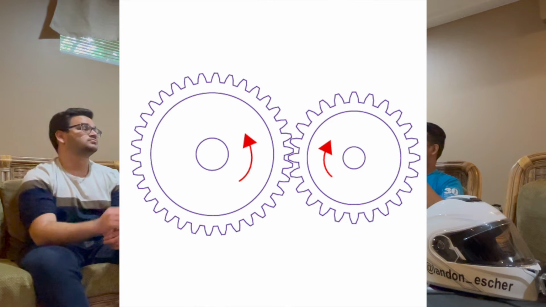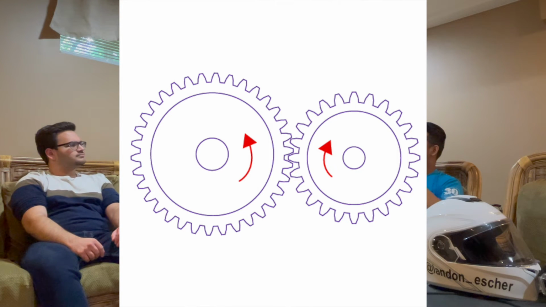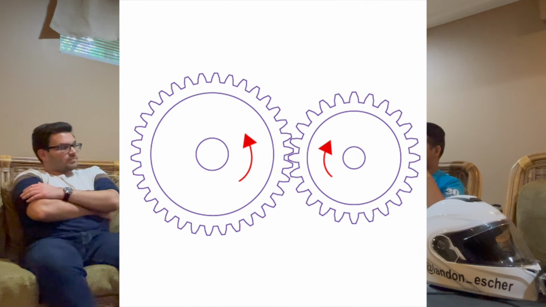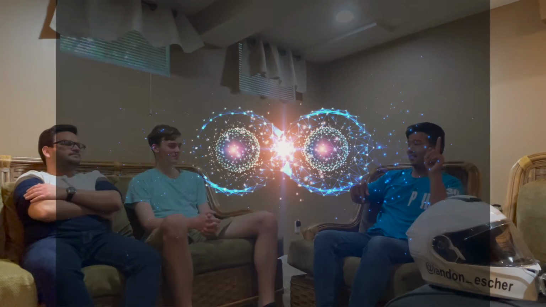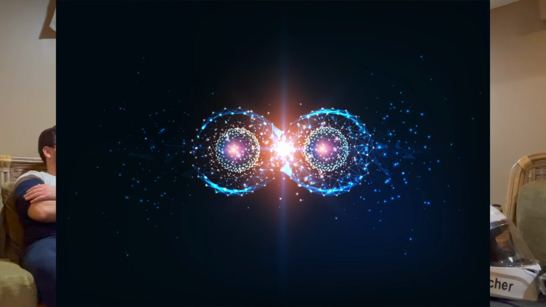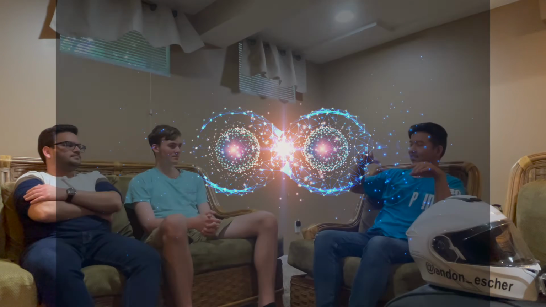How can they communicate which bombs go off? You know how a gear works? You put two gears together, you spin one clockwise and the other spins counterclockwise. That's how this works. Being far apart, because they're entangled, they don't follow that law.